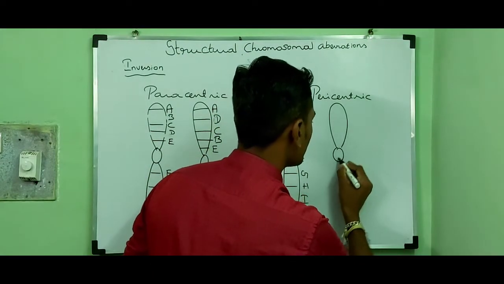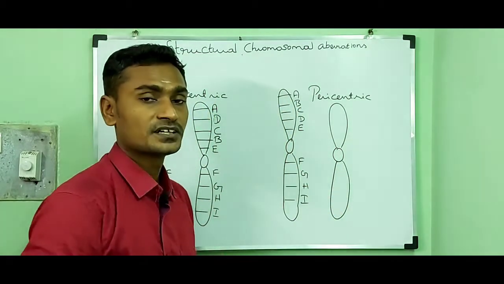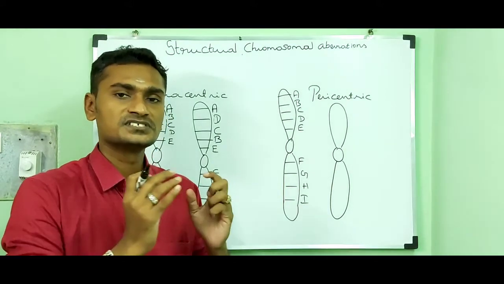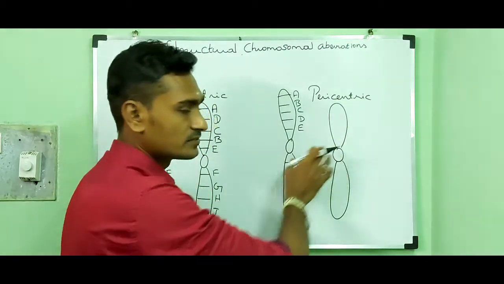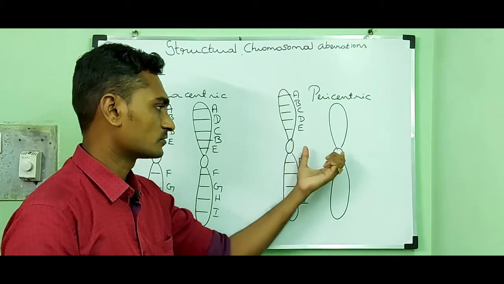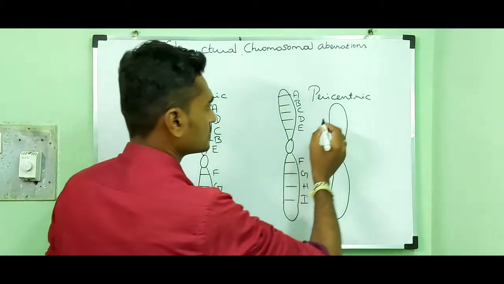In pericentric inversion, the arrangement of gene sequences is rearranged, and the centromere is also included.